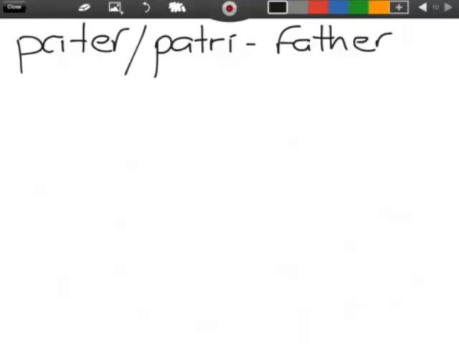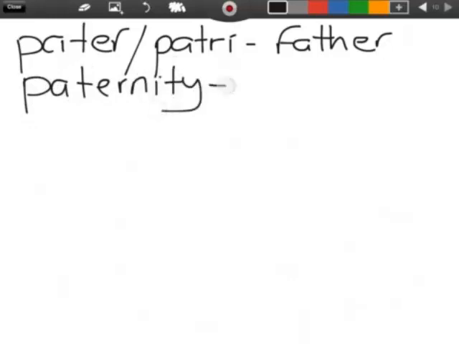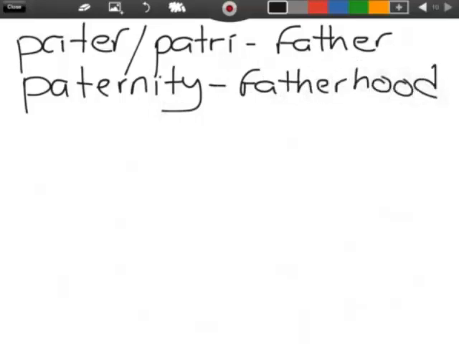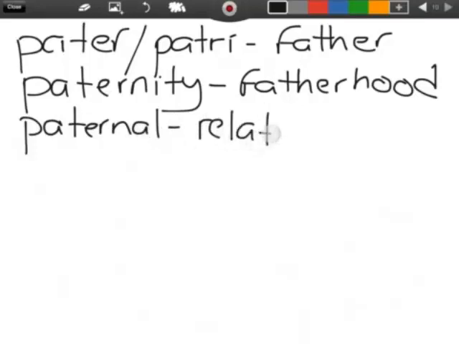One of them is paternity, meaning fatherhood. And another example is paternal, meaning relating to fathers.